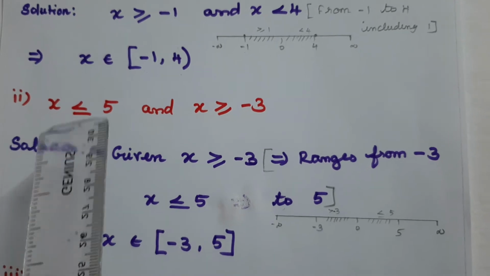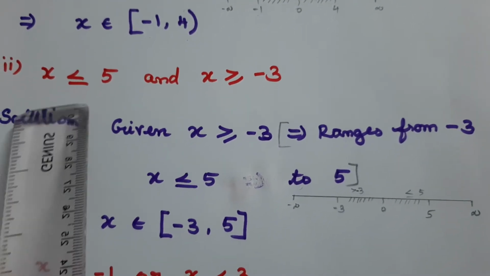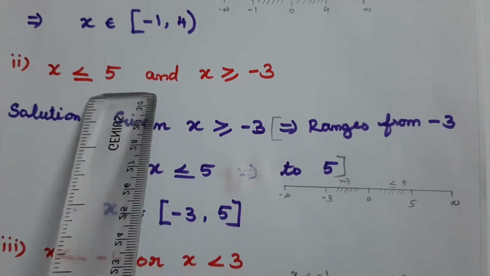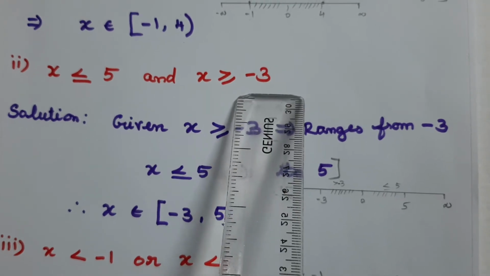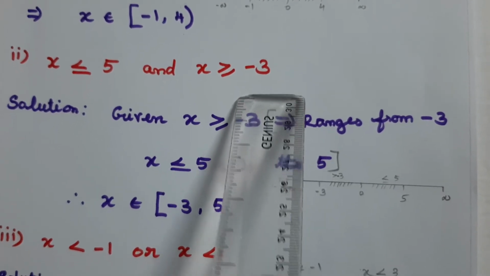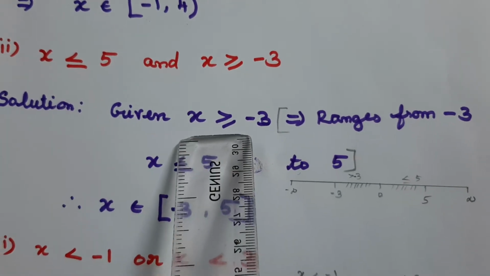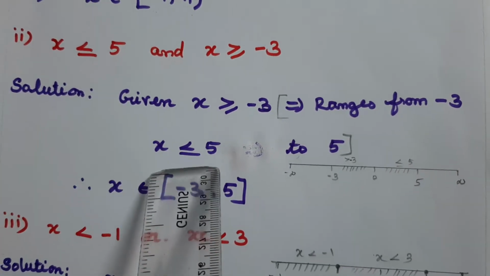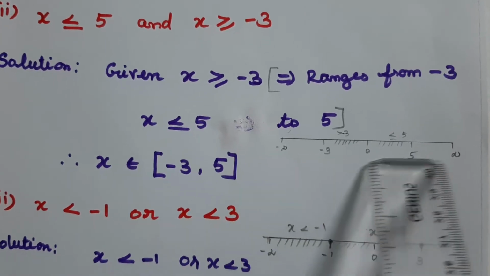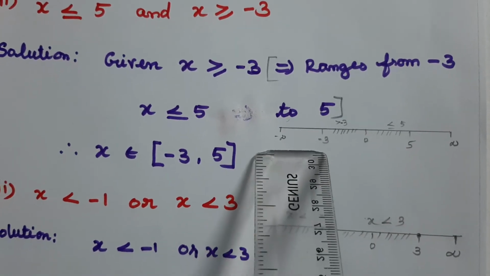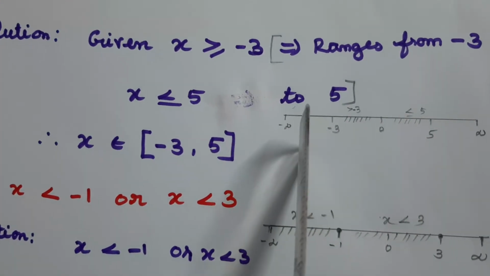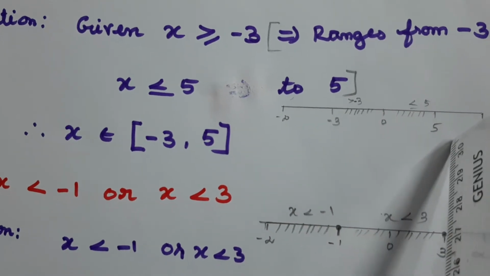Okay. And second subdivision, x is less than or equal to 5 and x greater than or equal to -3. So, here in the number line, -3 will be in the left hand side, 5 will be on the right hand side.